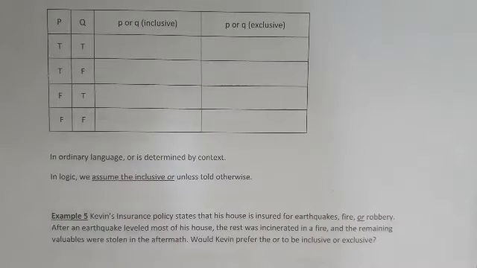So going back to the inclusive, if this one is true and this one is true, the overall statement is true. So if you have to score 350 on your TSI or pass a prerequisite class, if you did both of them, we will include it in the inclusive or. If you just scored a 350 on your TSI, this statement remains true.